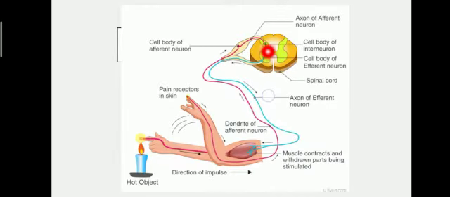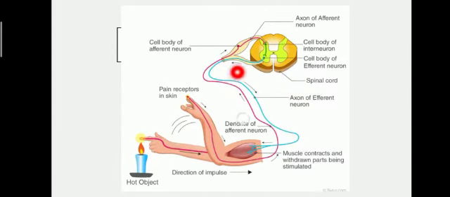Then the spinal cord immediately decides what to do, and sends the impulse by the blue colored neuron to the muscles, and the impulse says that you should remove the hand immediately. So immediately we withdraw our hand. This is the path by which the reflex action works. This is also known as the reflex arc or the reflex pathway.